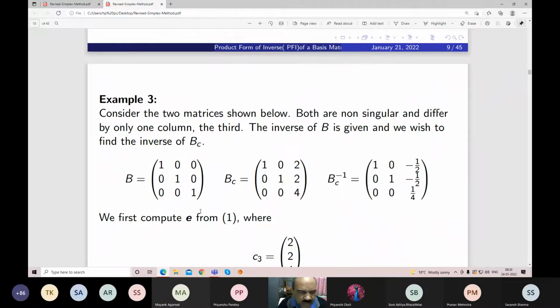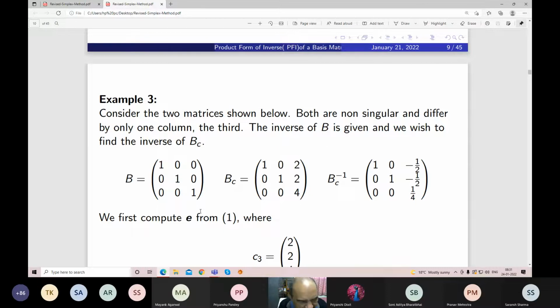Why? Because with respect to one entering vector, let us say we have three basic variables: S1, S2, S3, the slack variables. If S1 is the departing variable, we will replace the first column.